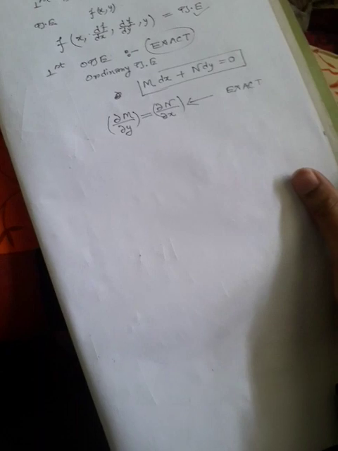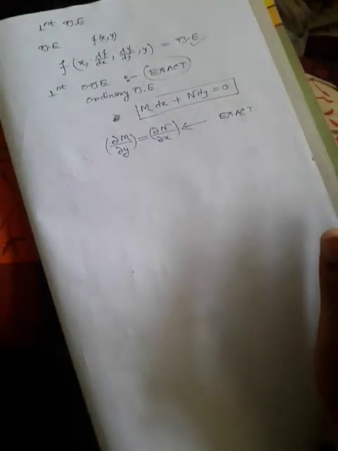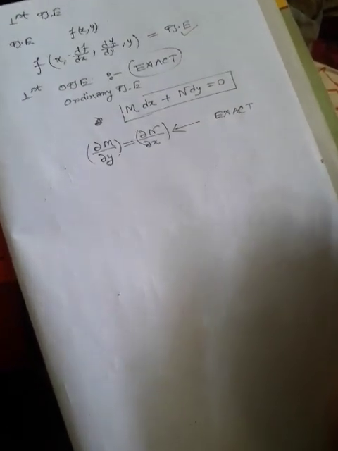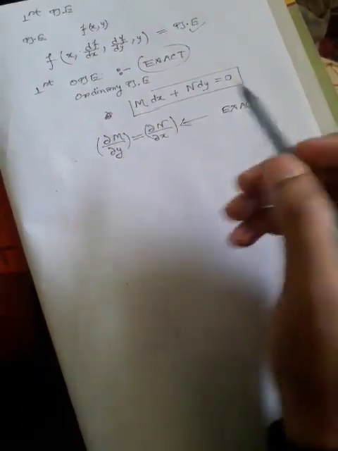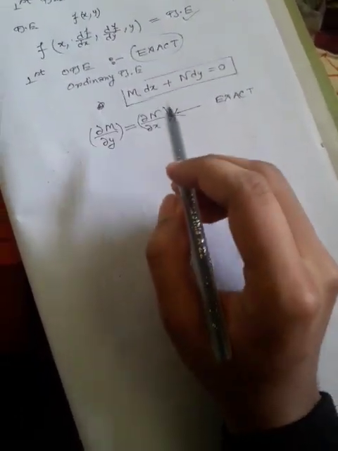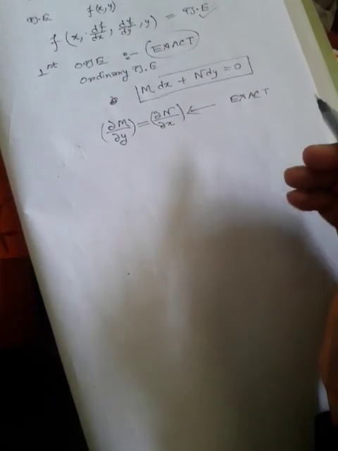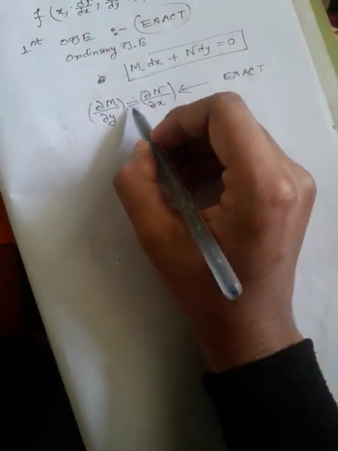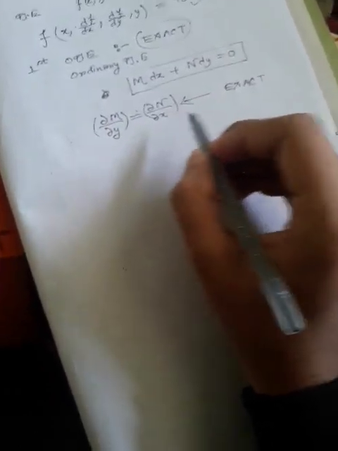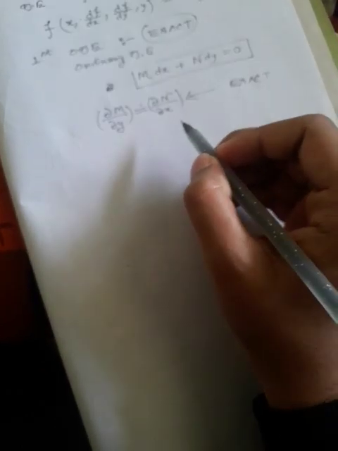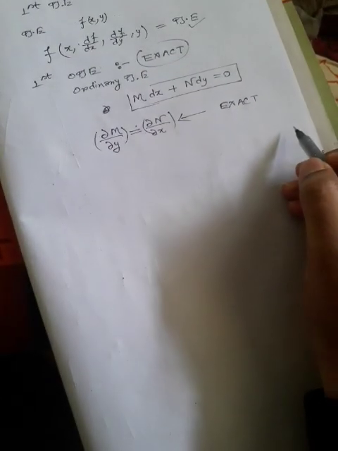It's not definite that all the time we are going to get the exact form of an ODE. We can also get a form which is not exact, which means there will be an inequality between these two terms. But those ODEs will also be reducible to exact.